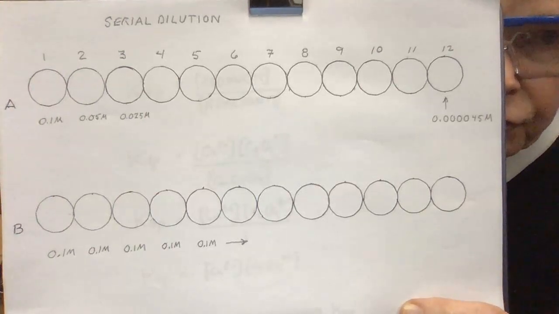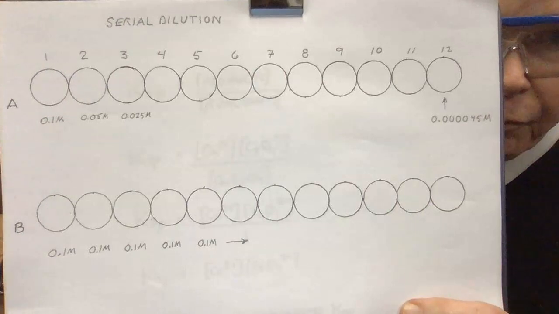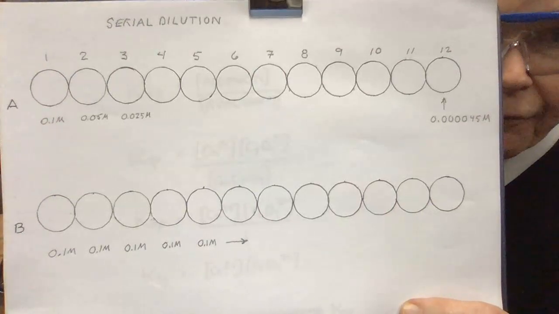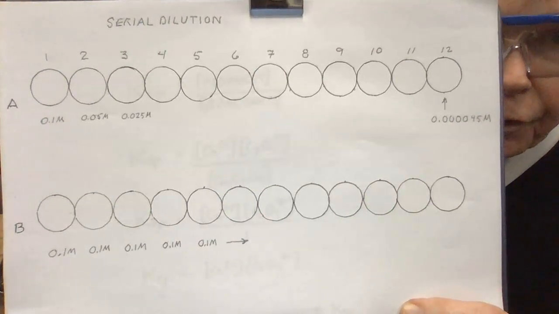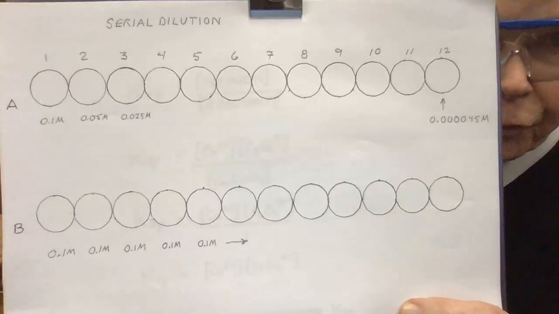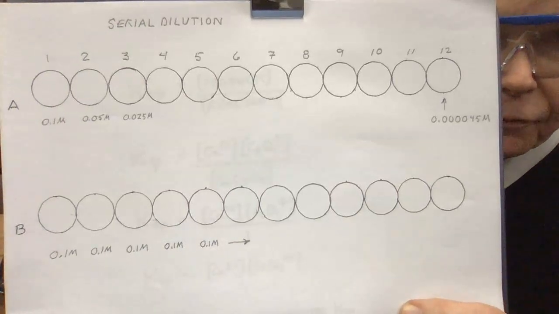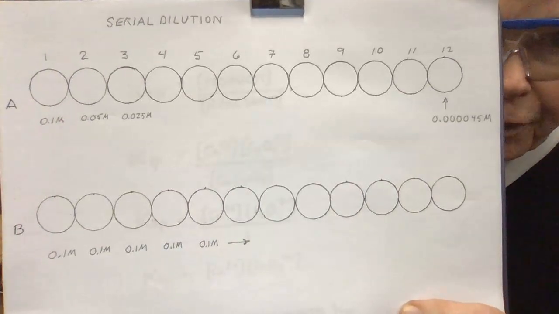Then I will take 5 drops of that solution and transfer it to well 3 in row A and mix them, and that will make a solution that is half the concentration of the one previous to it, or 0.025 molar. And we're going to go through the whole sequence where we take 5 drops out of a well and transfer to the next one.